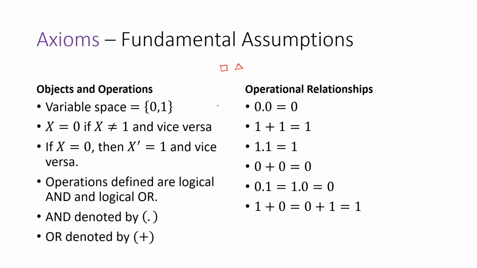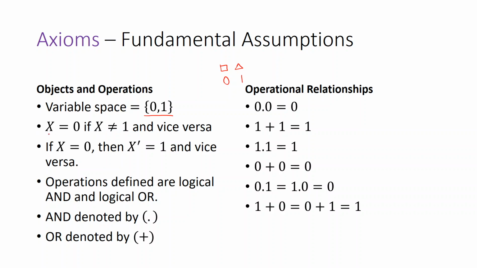That would also be fine. But since we are so used to working with numbers and digits, we represent one object as 0 and the other object as 1, but they could be represented with any symbol. Please understand this.